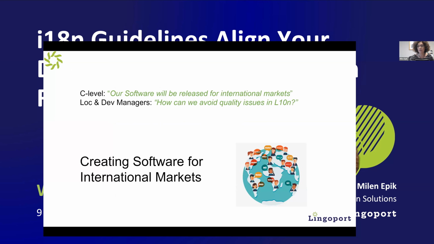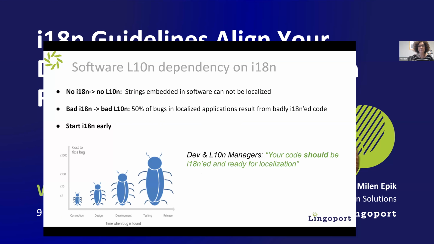Creating software for international markets typically begins with a corporate decision that says our software X, whatever the software is called, is going to be released for international markets. And that basically triggers the development and localization managers to tell their development teams that their code needs to be internationalized and needs to be ready for localization.